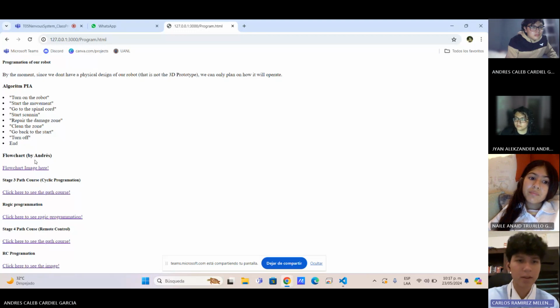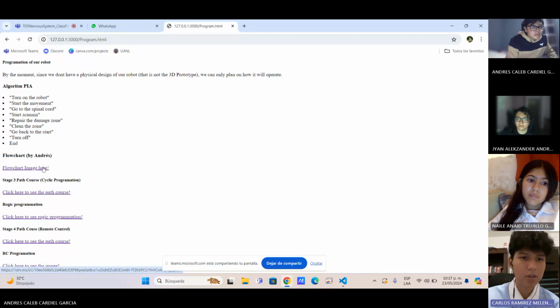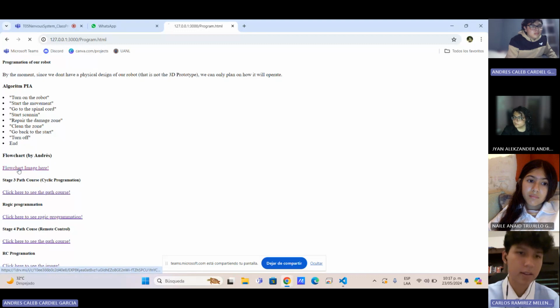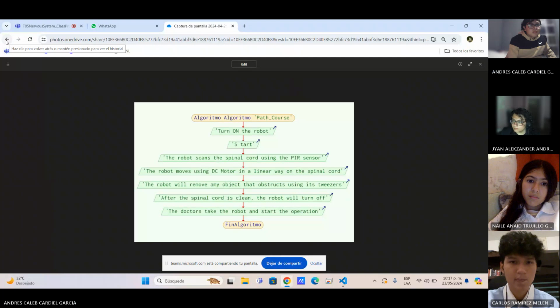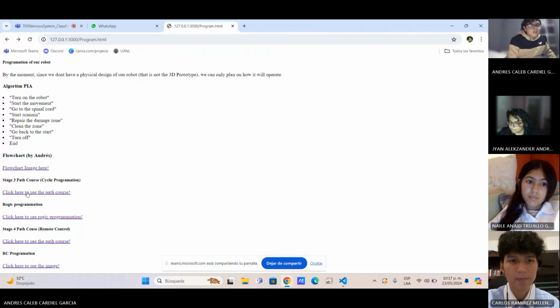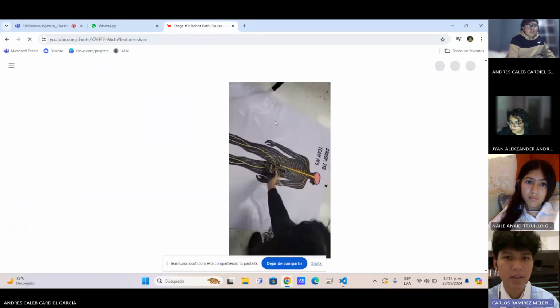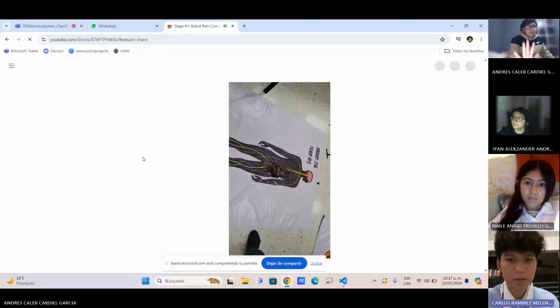So here we have the next links: the flow chart and the cyclic programmation. There was the algorithm, and the next one is the cyclic programmation.